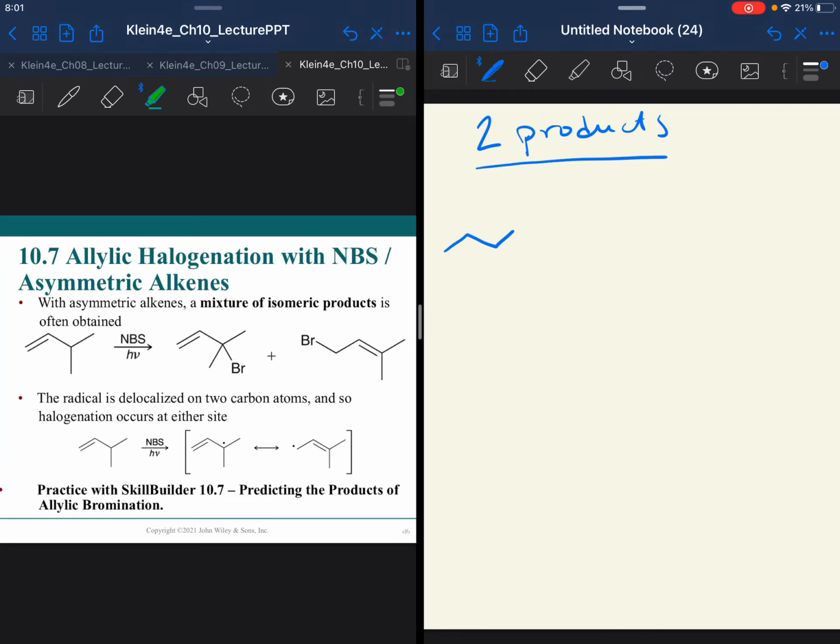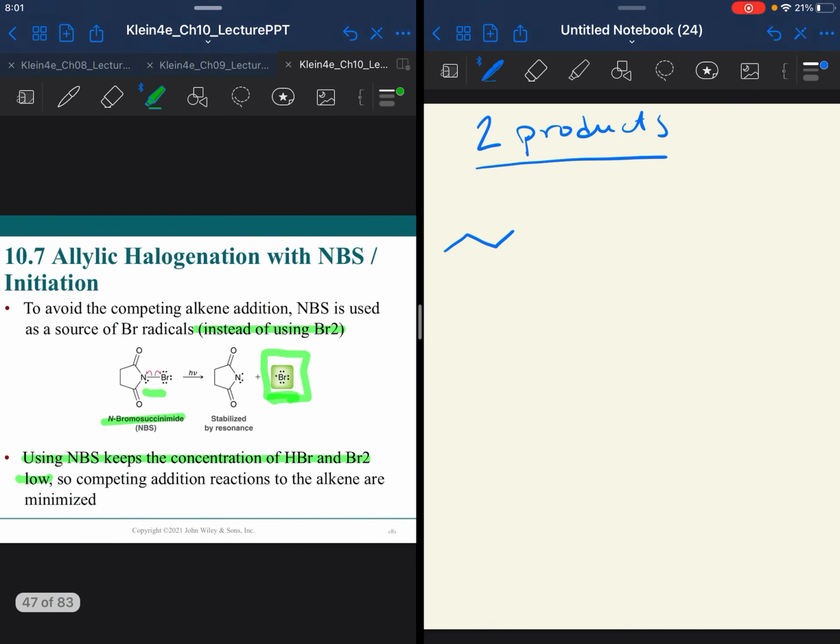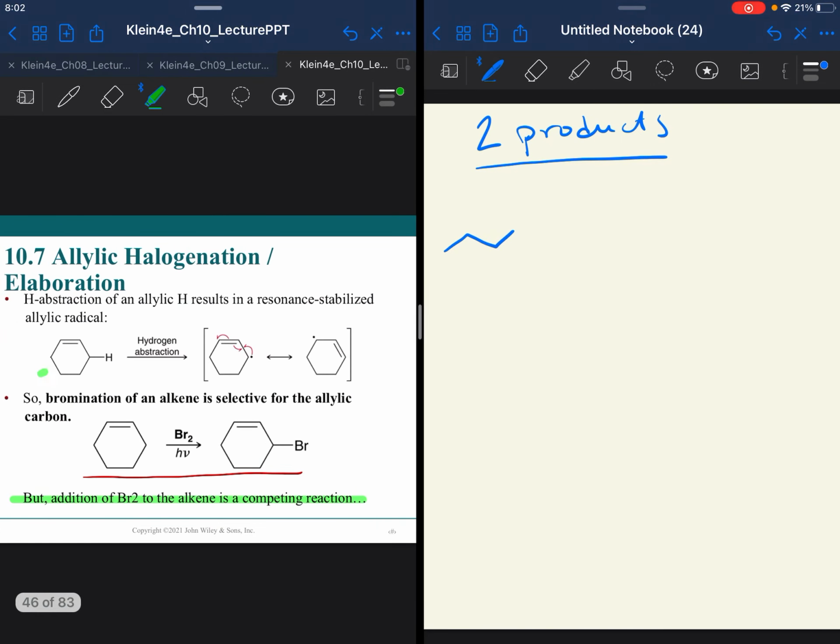When you have a symmetric double bond, like with this starting material, you see the two different resonance structures, whether the radical is here or here, you wind up making the same product, right? It's a cyclohexene with a bromine at position 3.